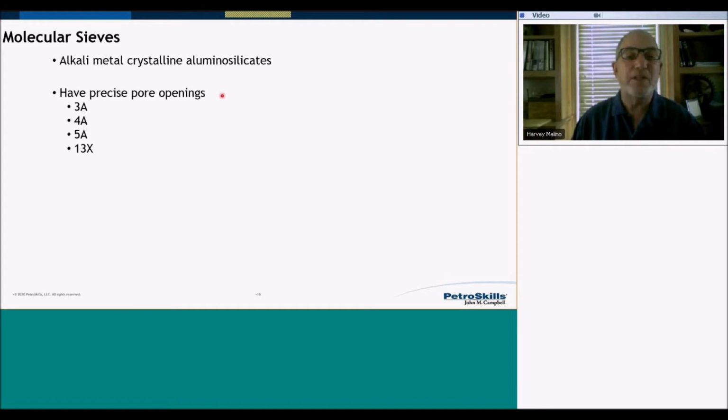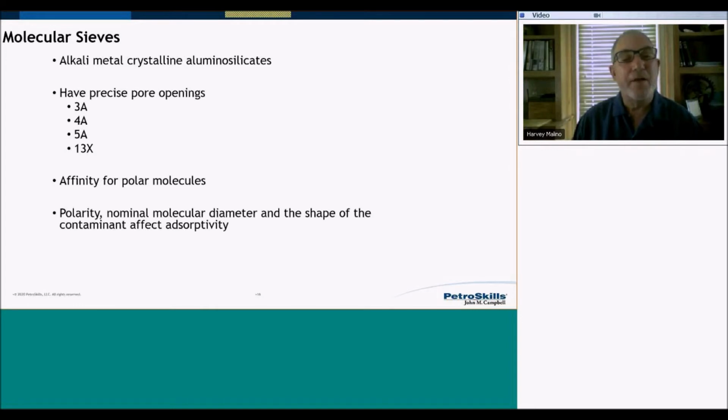Because of the precise pore openings, you have these types of sieves that are commercially available, type 3A, 4A, 5A, and 13X, and they all have very precise pore openings. They have an affinity for polar molecules because of the distribution of the positive and negative charges on the molecular sieve particle itself.